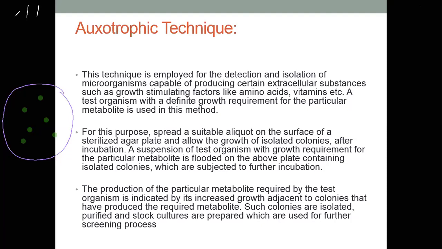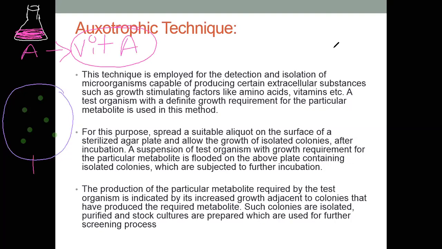There is this flask, and this flask contains a broth culture of a test organism, and that test organism is A. This A is an auxotroph which has a requirement of vitamin A. A will not grow until it gets vitamin A from the media, and this agar plate doesn't have vitamin A.